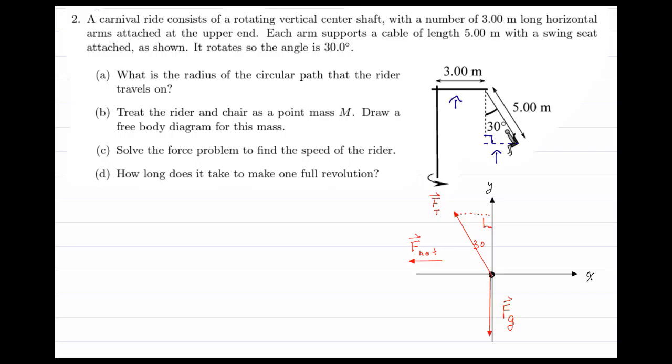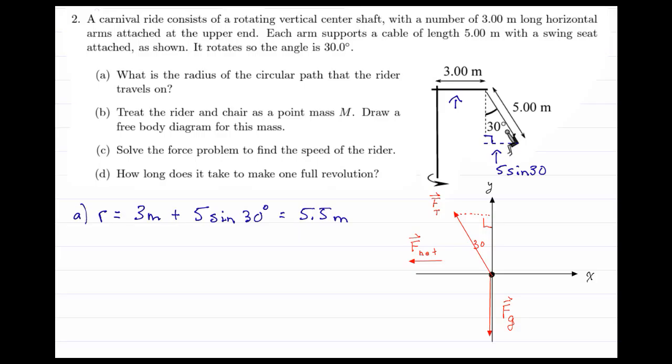So the radius of the circle that he travels on is just 3 meters plus that component, which is 5 times sine of 30 degrees. So this component here is 5 times sine of 30 degrees, and this equals 5.5 meters. So that's the answer to part A.